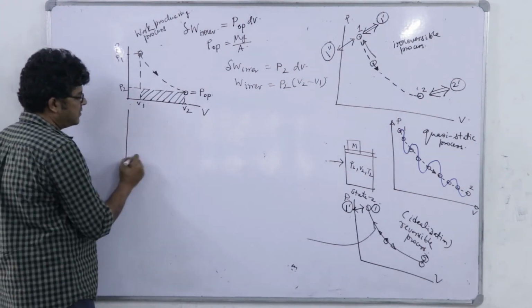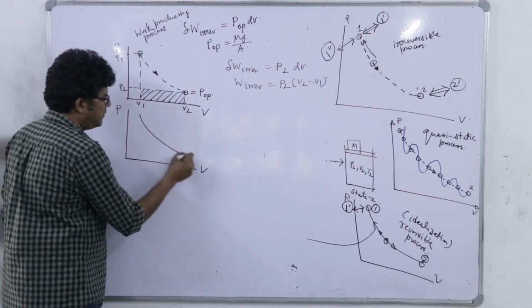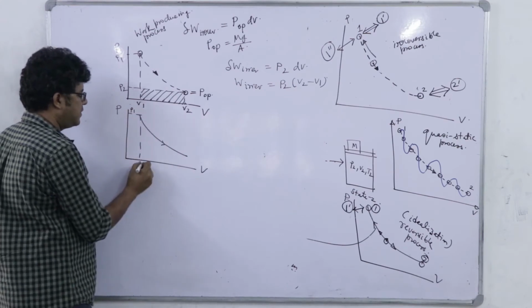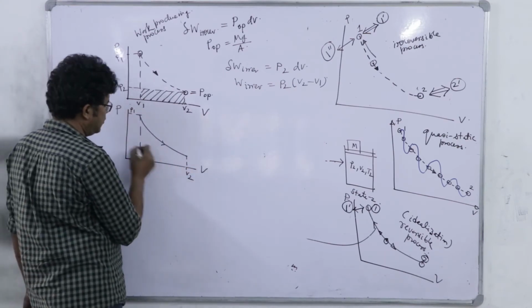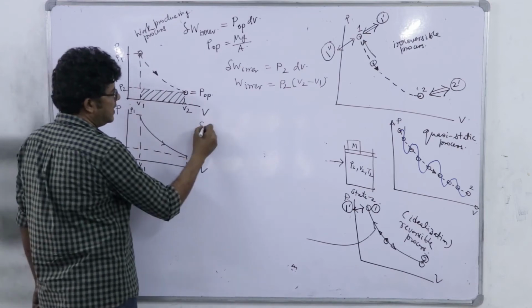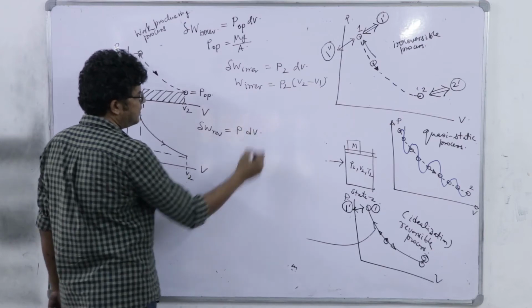Now if it is a reversible process, we have the curve P1, V1, V2 and P2. So del W reversible equal to P dV.